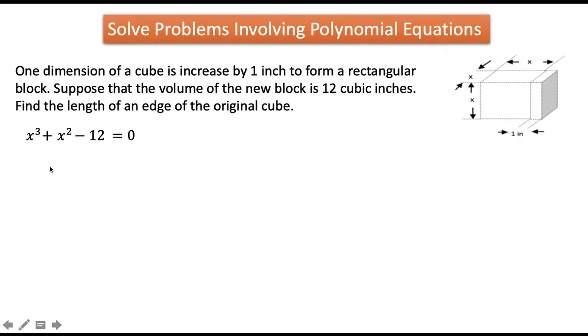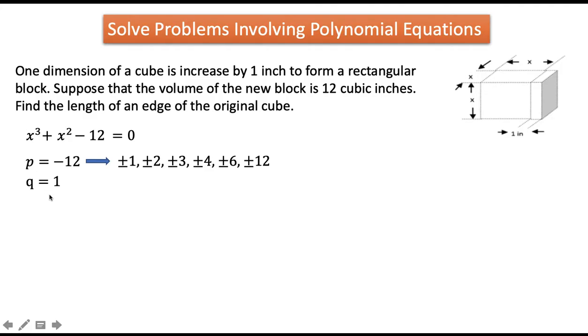Now, we're going to use the rational root theorem in order to find the possible values of x, or the possible rational roots. We can start by listing the p, or the constant of our given, which is negative 12. The factors are plus minus 1, plus minus 2, plus minus 3, plus minus 4, plus minus 6, plus minus 12. Then for the q, which is the leading coefficient, in this case it is 1.